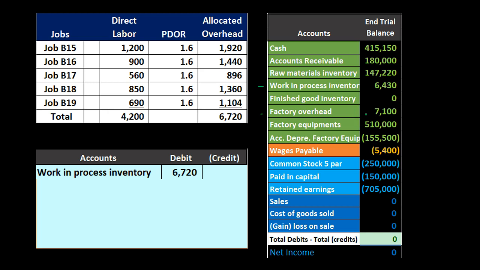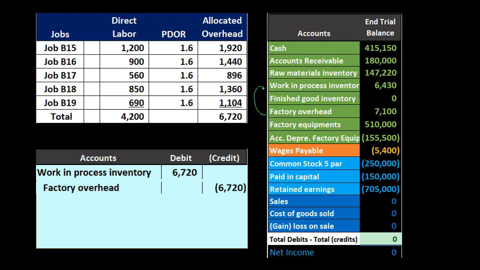It can only be close unless we were perfect, which is unlikely. So it's always going to be somewhat off here. So we're going to put it into work in process, and we're going to take it out of factory overhead. This being an inventory type account, an asset account, has a debit balance. We're going to decrease it, doing the opposite thing to it, a credit. So we're moving it from here to here, from one inventory account in essence to another.